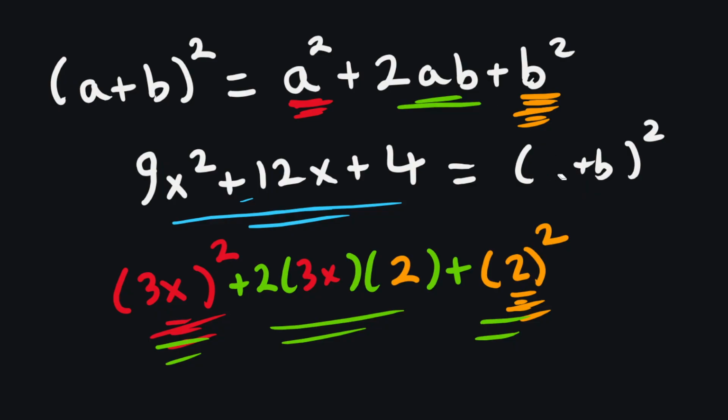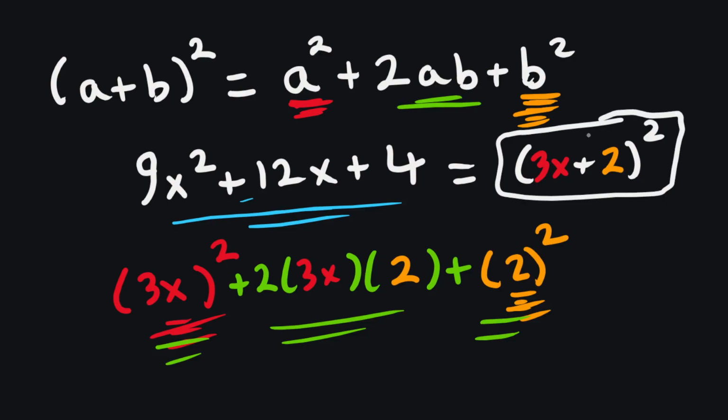So a is 3x. And what is b? We said that was 2. So b is 2. 3x plus 2 squared is the factored form of this perfect square trinomial. So that's how we factor perfect square trinomials.